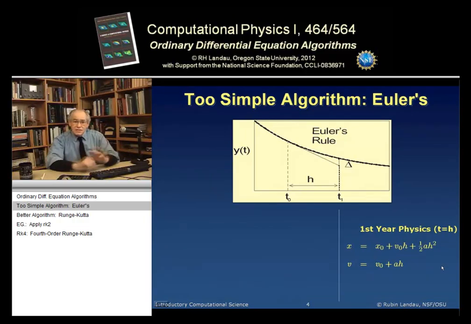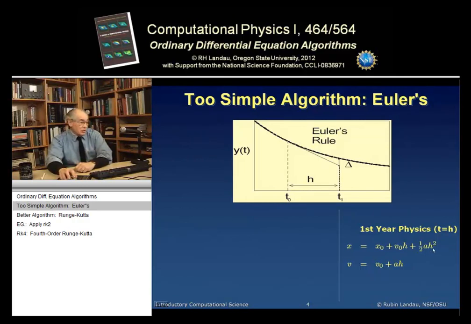In first year physics, if you look at those equations for time t equals h, the time step, we know that the initial position comes in, the initial velocity comes in, and so the position at time h is going to be the initial position plus the initial velocity times time plus 1/2 the acceleration, often due to gravity, times h squared. So this is what we call, in applied mathematics, a second order algorithm, because it has the first order time and has the second order time occurring there.